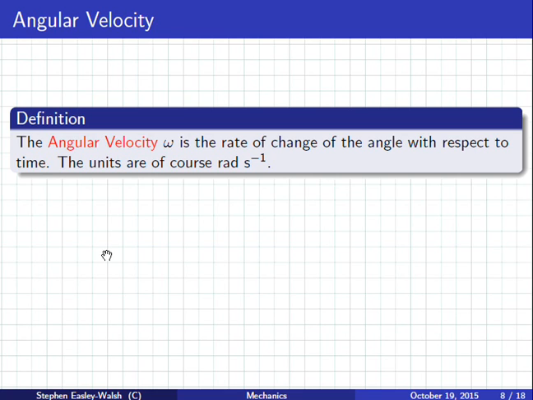What units do we measure speed in? Meters per second. So we measure angle speed in radians per second. Got it?